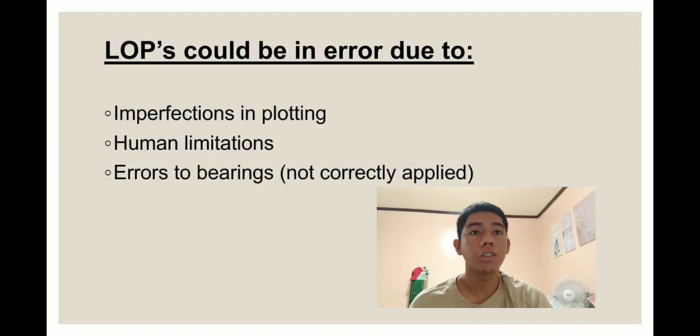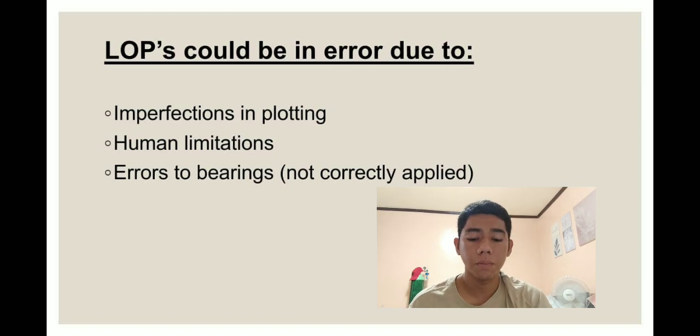LOPs could be in error due to imperfect plotting. Imperfect plotting is when you are plotting without reading the scenario, you just plot. So you can cause imperfect plotting because you plot without reading the scenario. Then human limitation, which is when plotting within a given time.